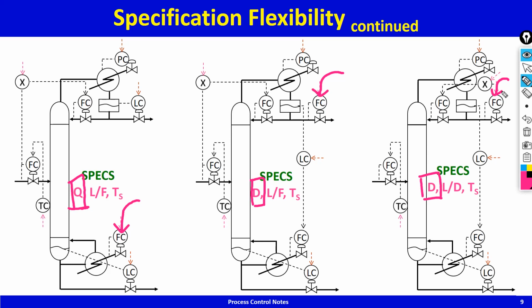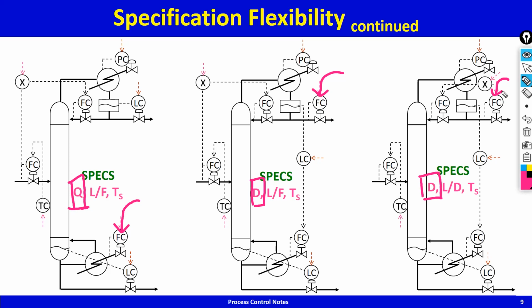But in this particular context of degrees of freedom, specification variables and control structures, the limited point that I'm trying to make is that there exists tremendous flexibility, in fact infinite flexibility, in terms of what you decide to control. And that's the limited point.